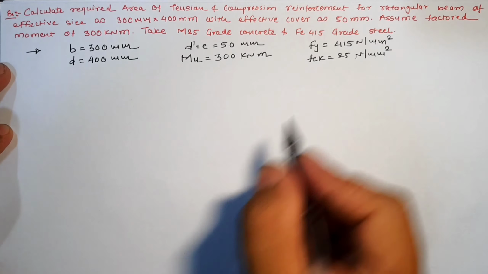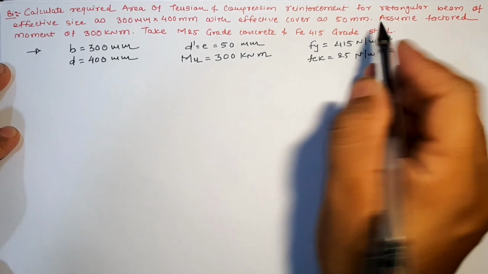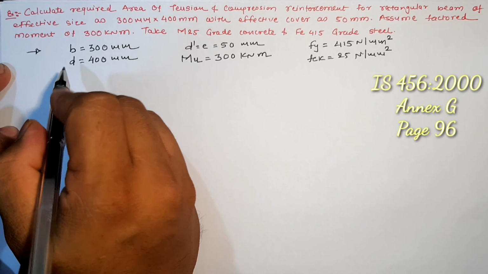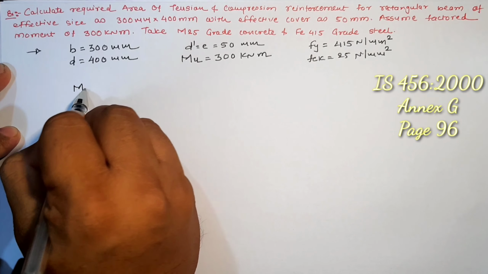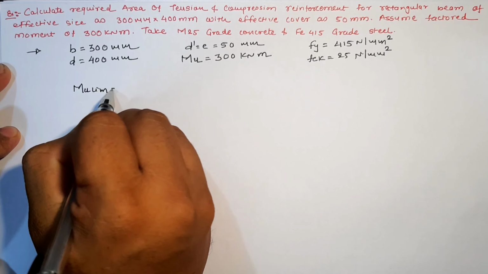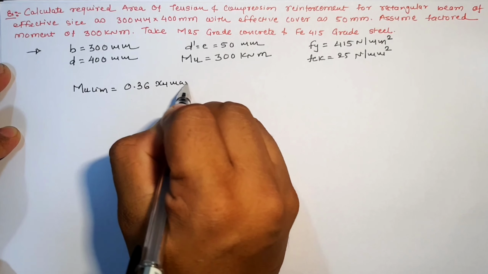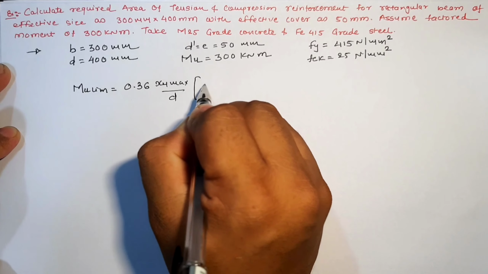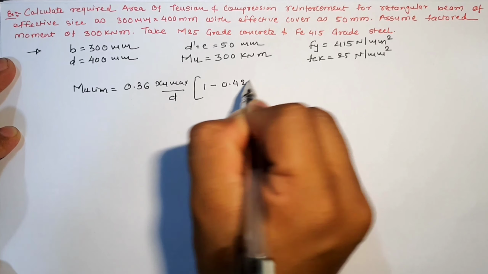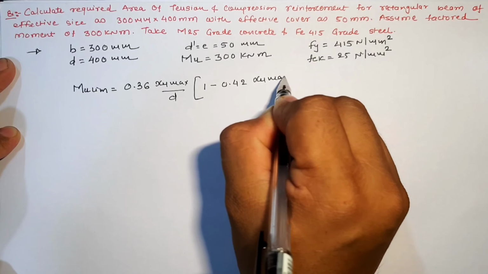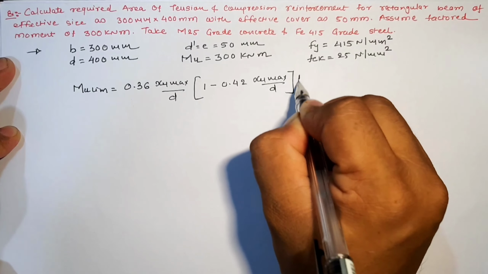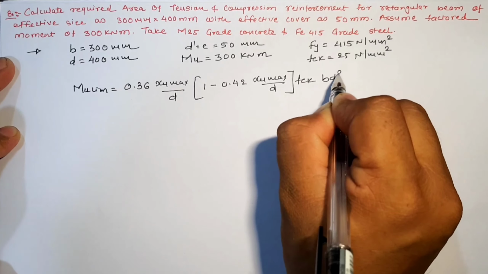First of all, we have given Fe415 grade of steel. So from Annex D, page number 96, we have the equation of limiting moment as 0.36 Xu max by d into 1 minus 0.42 Xu max by d into fck b d square.